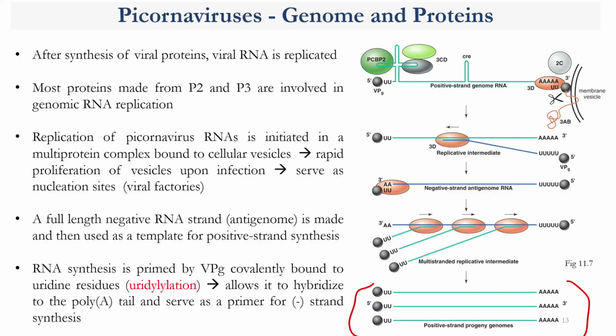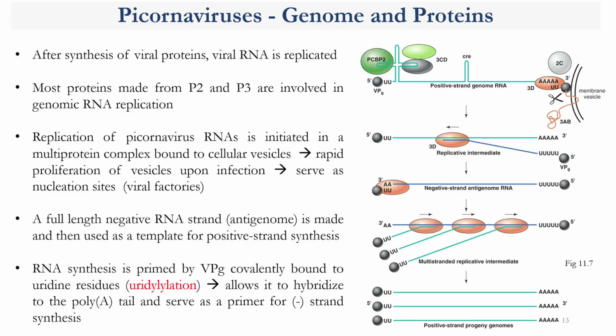Now, one thing I would ask you guys here is, which one do you think is predominant in the cell? The positive strand or the negative strand genome? Positive? Yes, why? Okay, very good.